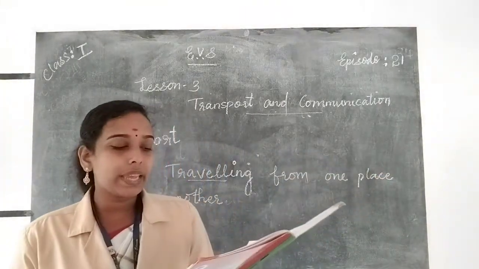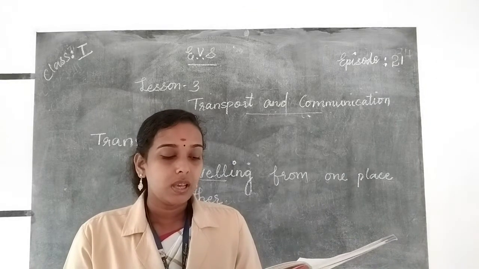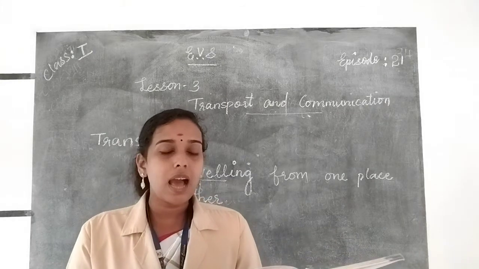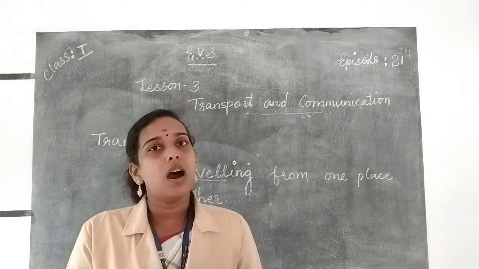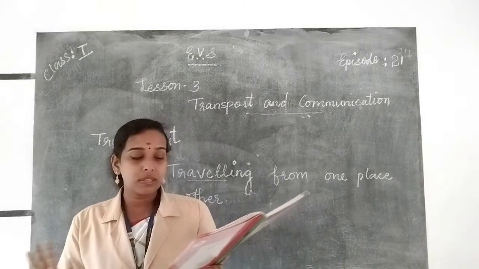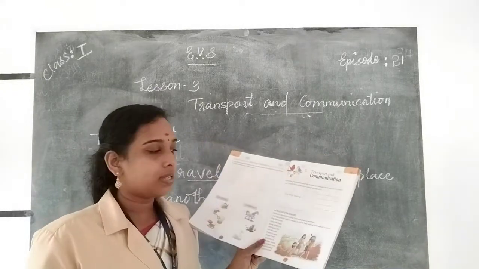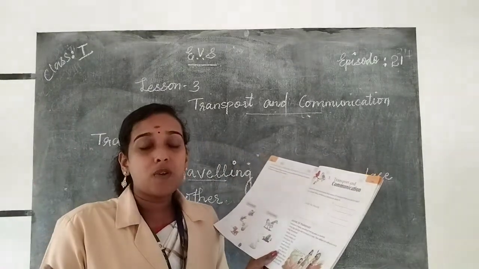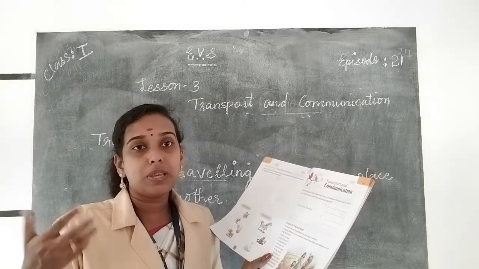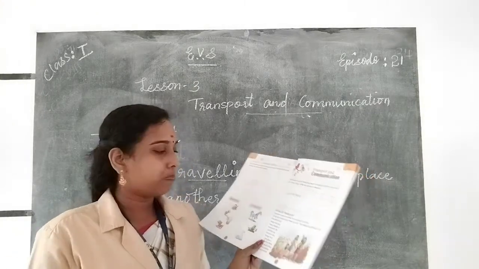So you just look at your textbook and read the text and listen carefully. Means of transport. Transport means traveling from one place to another. Long ago, people had no means to travel. They walked to cover long distances. There was no means of transport, so the people walked to cover long distances, which means they walked to reach other places.